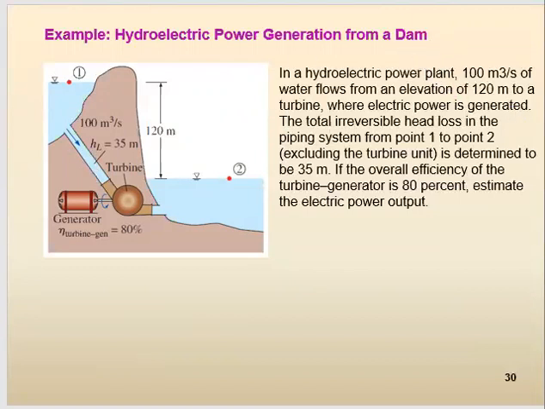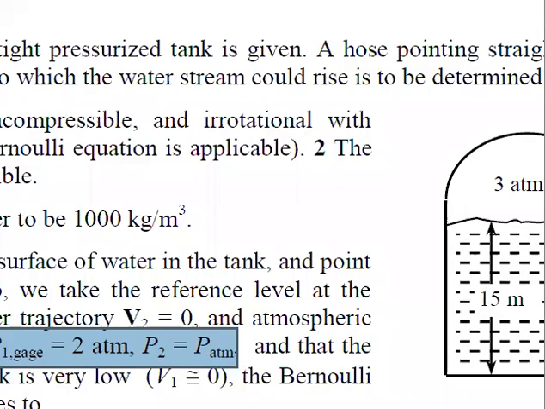Here in a hydroelectric power plant, 100 meter cube per second. So this is volumetric flow rate of water flows from an elevation of 120 meter to a turbine, where electric power is generated.